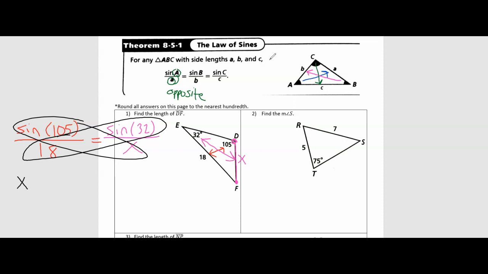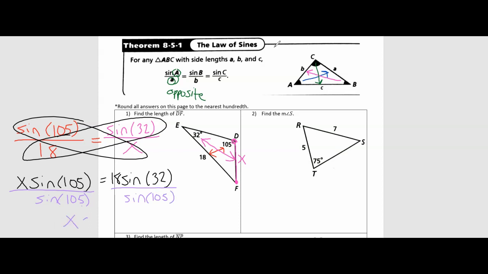So right here I get x times sine of 105 is equal to 18 times sine of 32. And I will divide both sides by sine of 105. And we'll punch all of that into a calculator.